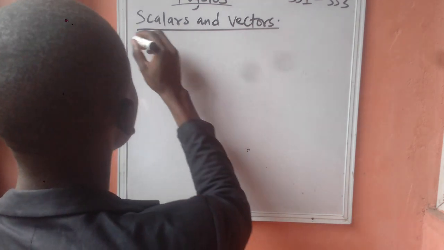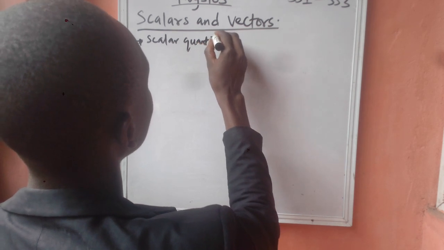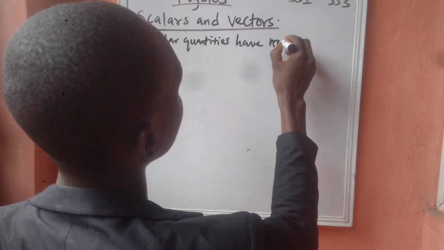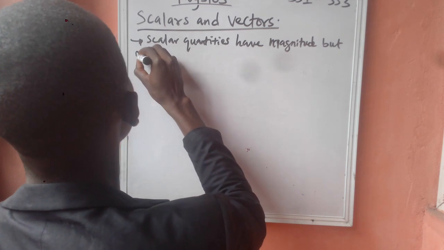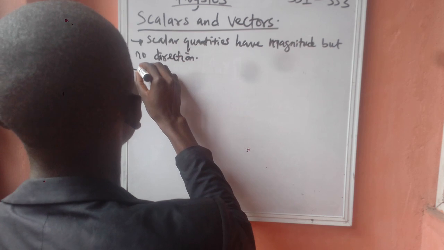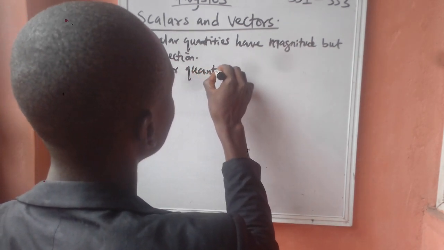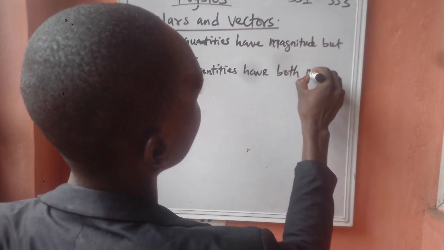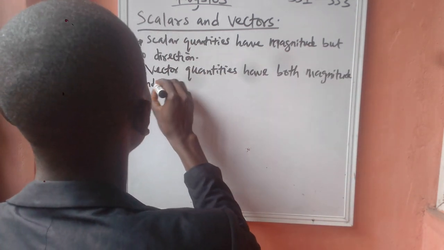Scalar quantities have magnitude but no direction, and vector quantities have both magnitude and direction.